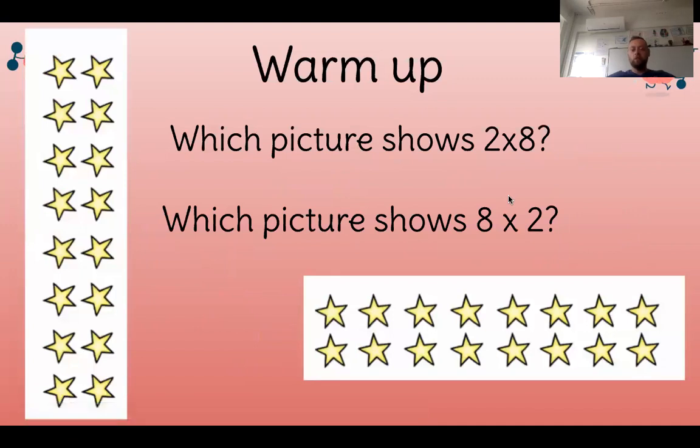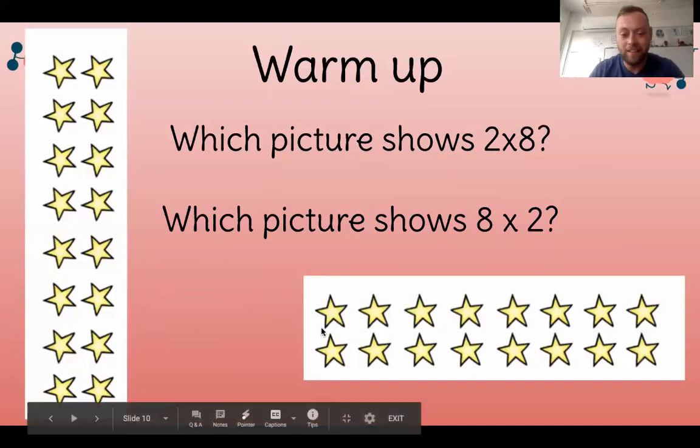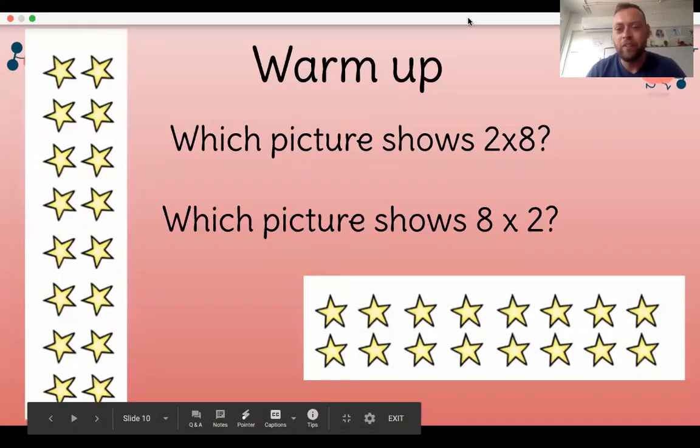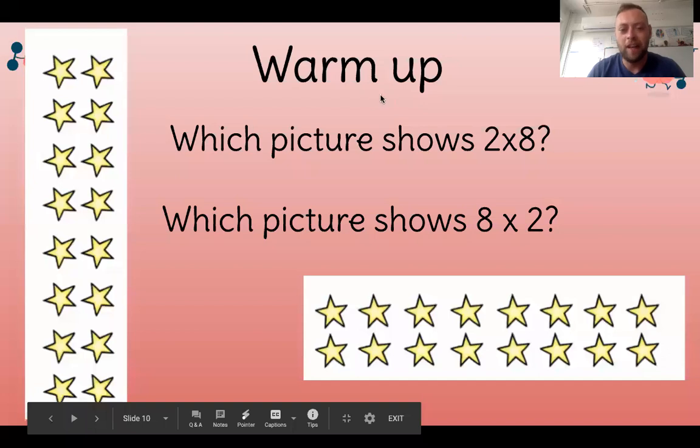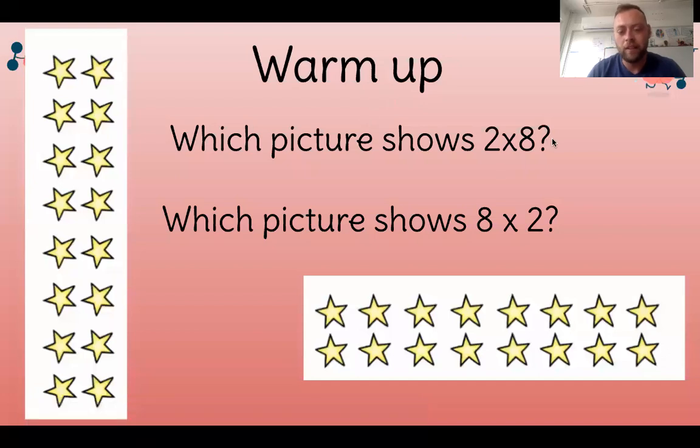Which picture shows 2 times 8? Which picture shows 8 times 2? Now these are called arrays, okay? Now, you saw a few of these last week, so I'll show you how we work it out. This one here shows 2 times 8, and this one here shows 8 times 2.